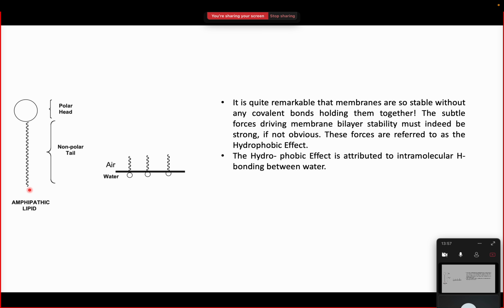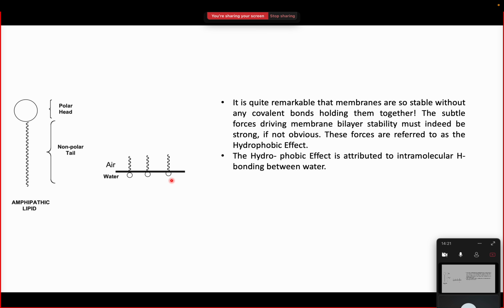It is made up of an acyl chain, so it's just hydrocarbons, CH bonds, and it is non-polar. Non-polar means they are not water loving. They don't like to be in water, and they prefer to be among themselves or away from the water, so they are hydrophobic in nature, correct?